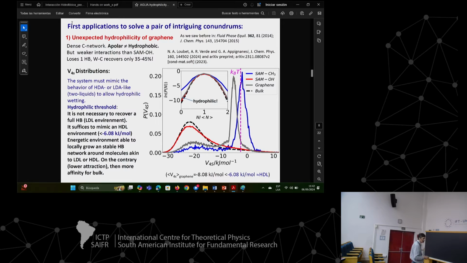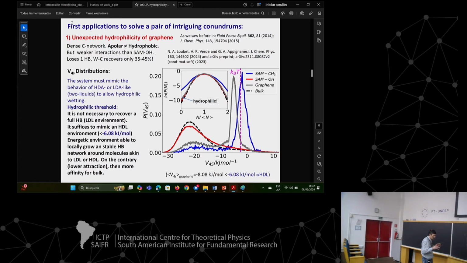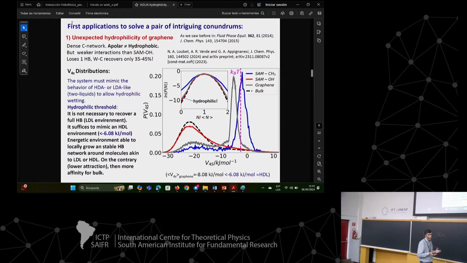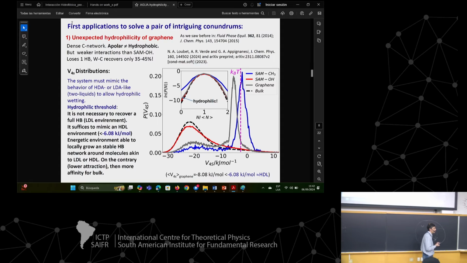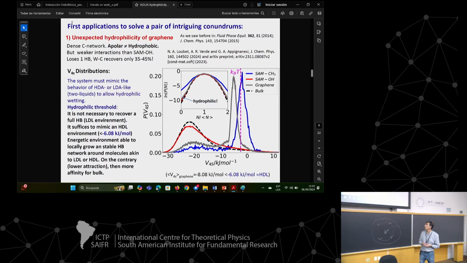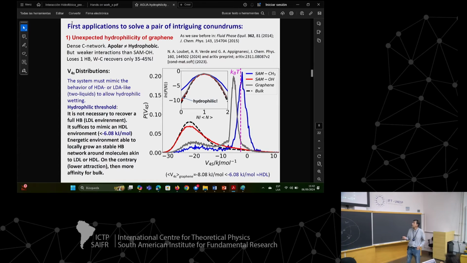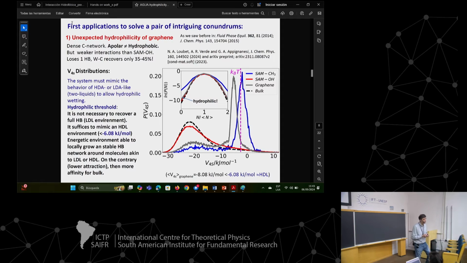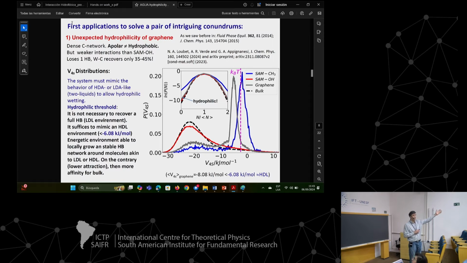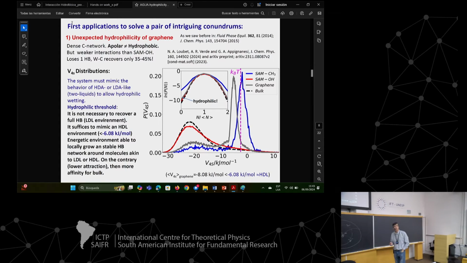The point would be that you do not need to fully recover the hydrogen bond, to replace the hydrogen bond. If you mimic at least the behavior of the high-density molecules, you provide an environment similar to the one water molecules find in bulk in the disordered or defective configuration, and that is enough to behave in a hydrophilic manner.